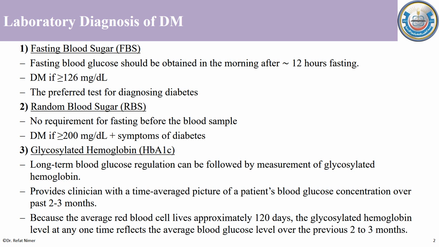Because the average red blood cell lives approximately 120 days, the glycosylated hemoglobin level at any one time reflects the average of blood glucose level over the previous 2 to 3 months.